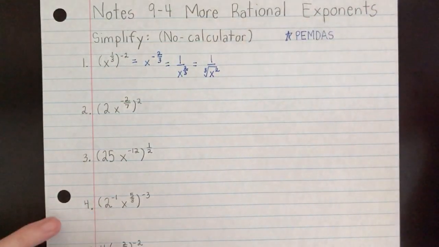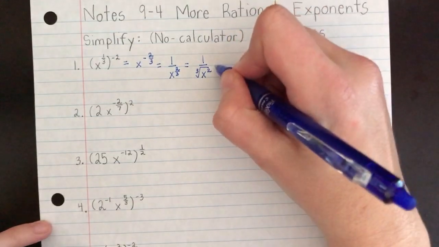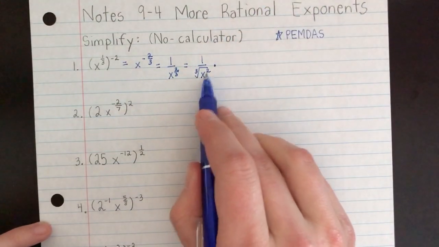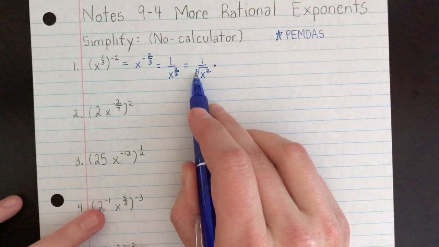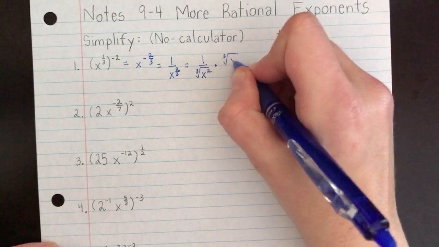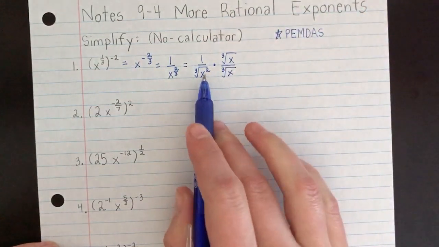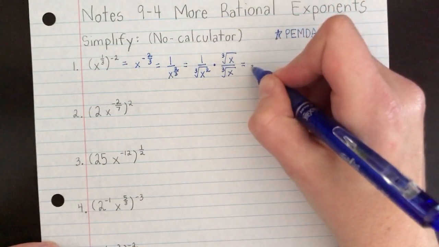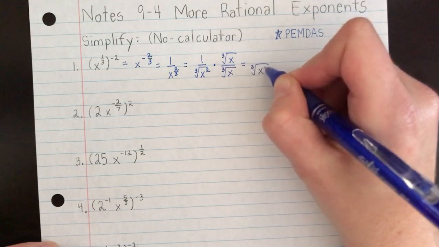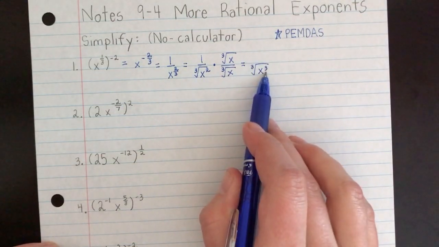And then again, we know that we can't keep a radical in the denominator. We must rationalize. Since this is the cube root of x squared, you need 3 of the same thing, so you multiply by another cube root of x on top and bottom of this fraction. What that creates on the bottom is the cube root of x cubed, because x squared times x is x cubed.